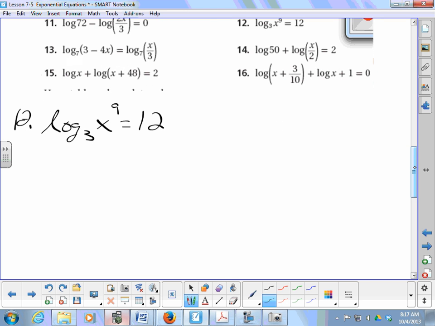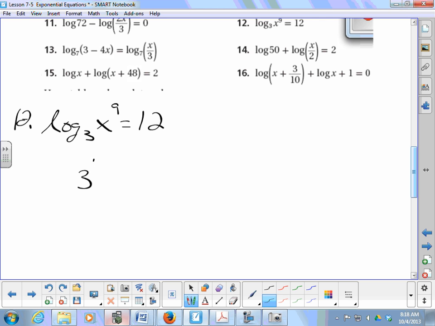When I change it to exponential, what do I get? What's the base? 3. What's the exponent? 12, right?